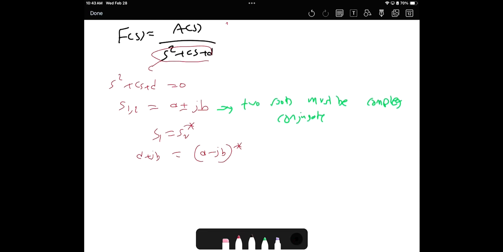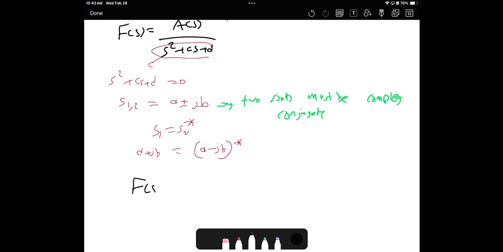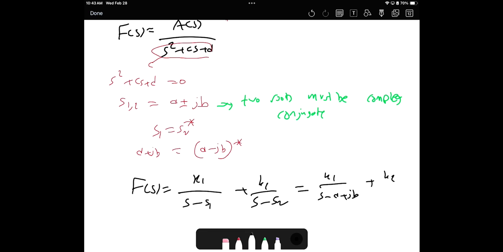So how we treat this situation: F of s, when we do the partial fraction, will be k1 over (s minus the first root s1) plus k2 over (s minus s2), or in other words, k1 over (s minus a plus jb) plus k2 over (s minus a minus jb). Okay? Because I substituted s1 and s2 as a plus jb and a minus jb. Okay, how do we find this? We will not consider this as a repeated root, of course.